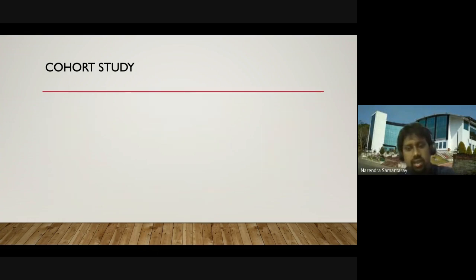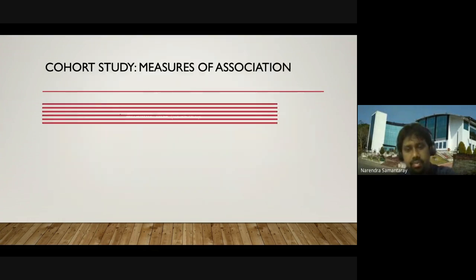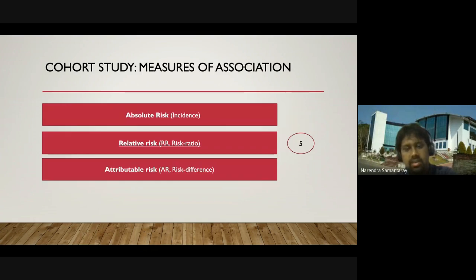What is the interpretation of that? We'll come to that and explain it to you. The main concept is that this is the absolute effect of a certain risk factor. If you recall the concept I told about markers and risk factors, all risk factors are not causal factors.